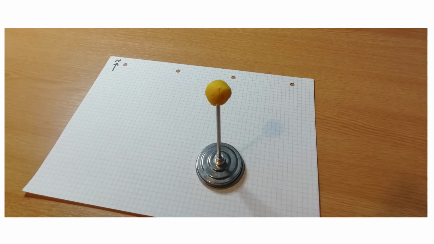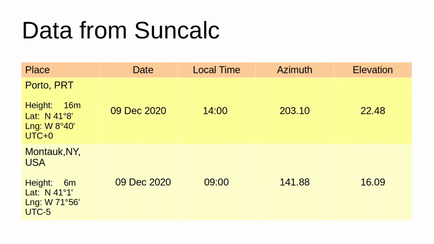Since looking at the sun without proper protection for the eyes is dangerous, we'll use data from the SunCalc website to get our measurements. In this experiment, we are taking measurements from Porto in Portugal and Montauk in New York State of the USA. As you can see from the geodata, these two places are on either side of the Atlantic on the same east-west line.